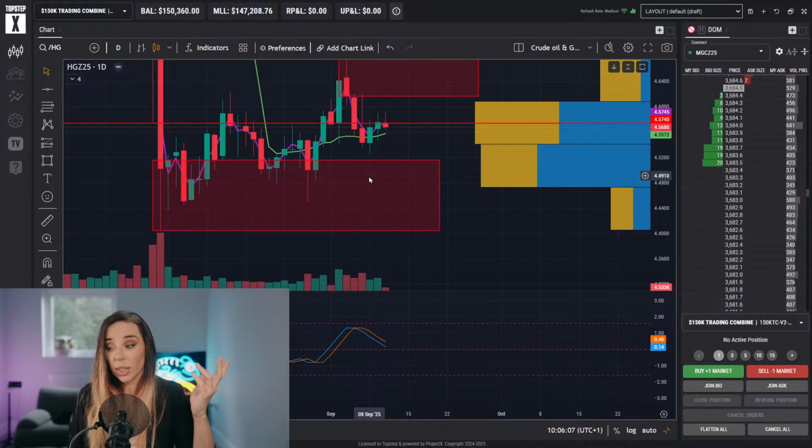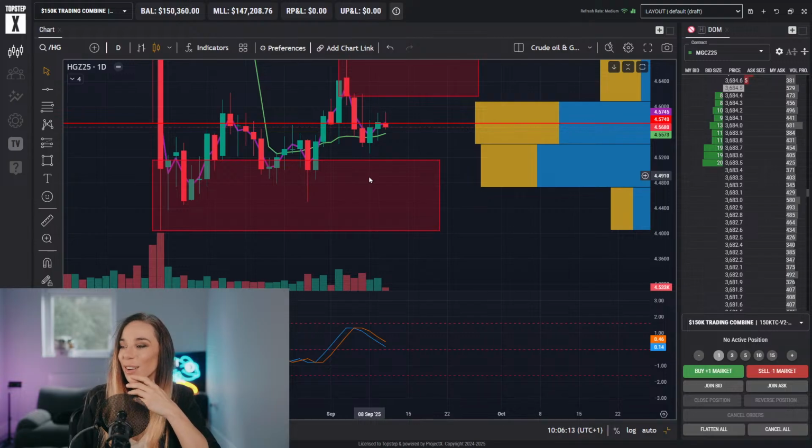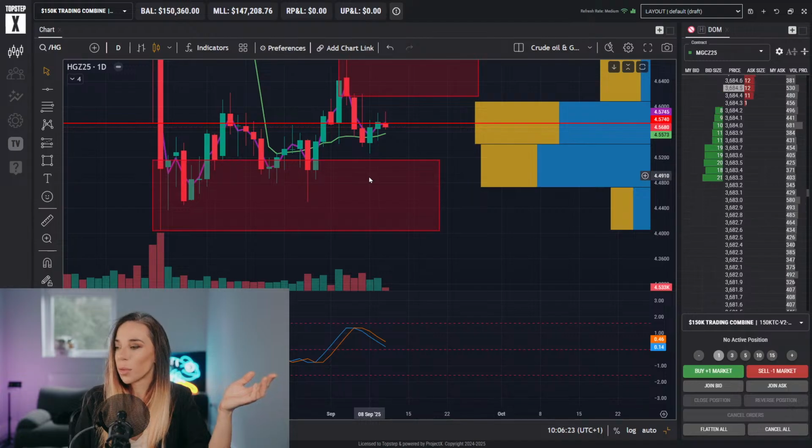Honestly, this looks like a 5-minute chart to me. It's just so wild that this is on the daily, because you just don't really see this sort of price action. Usually it's cleaner, you have more commitment to either side. Summer dryness, this is what I'm reading here.